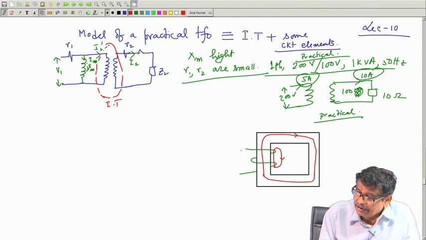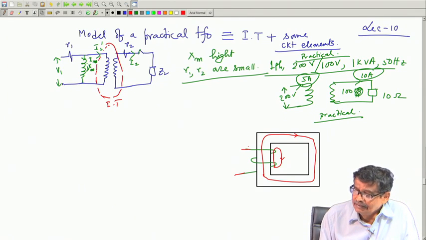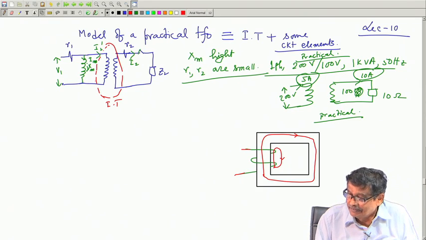Therefore, when the conductor carries some current, it produces flux, and a little amount of flux will be leakage flux. So, this is called the mutual flux, and this is called the leakage flux.